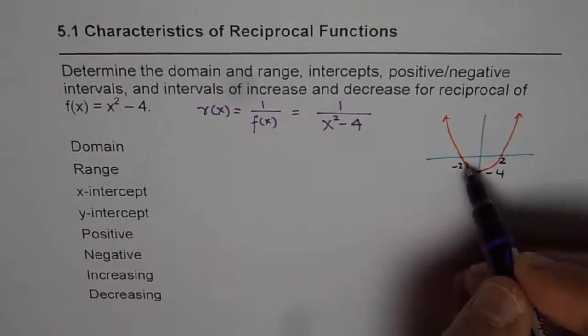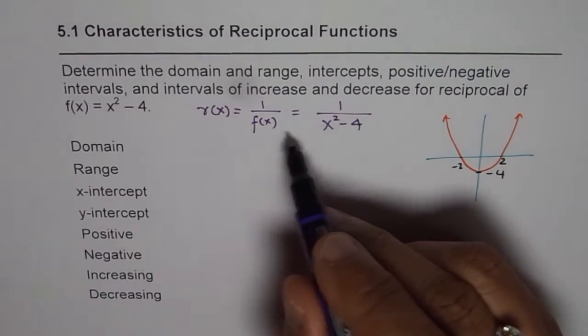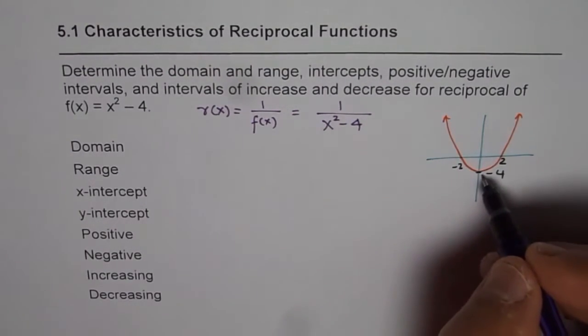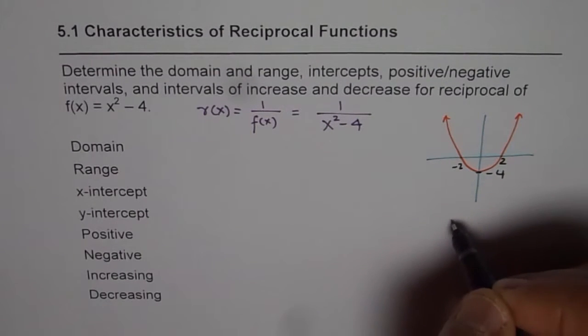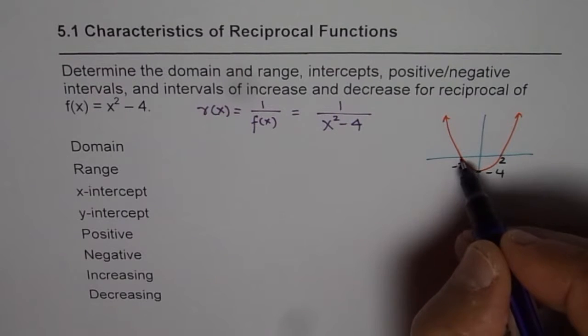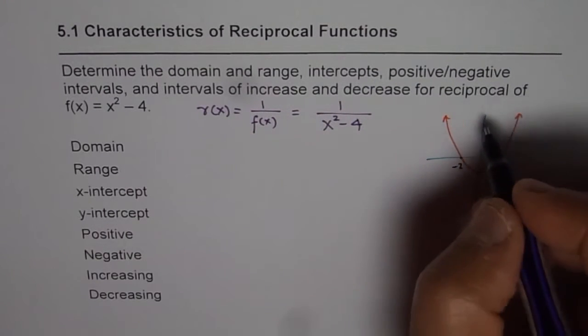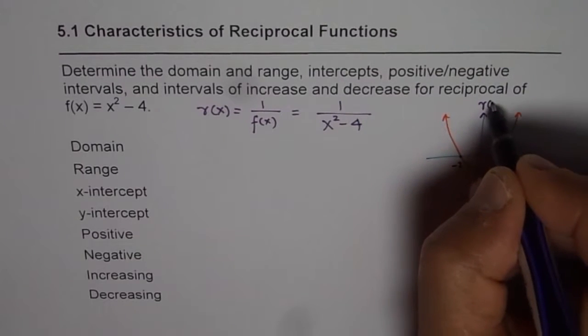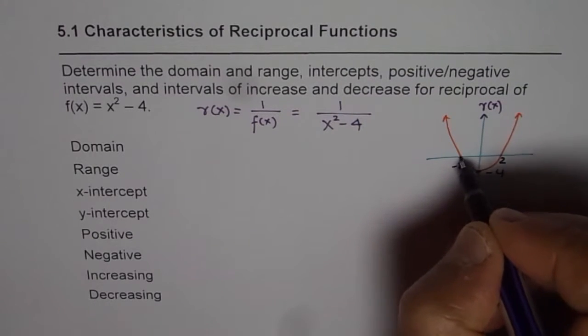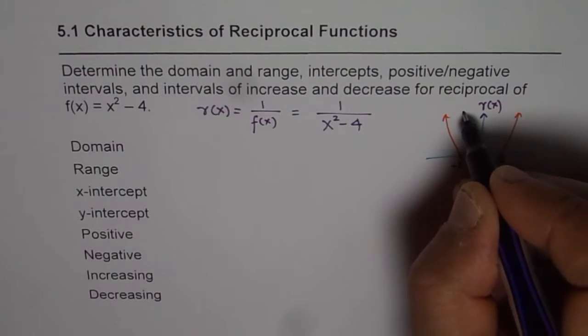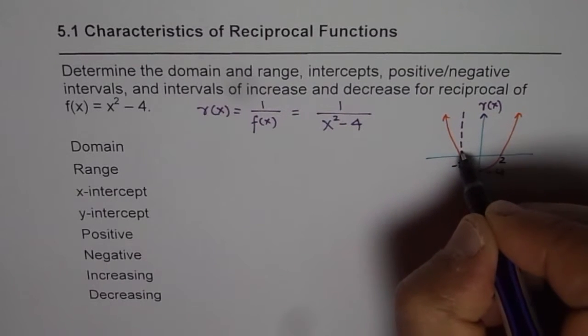Now this is the graph of the function f of x. For the reciprocal, we'll have to write the reciprocal of each and every value on this graph. Now what is the reciprocal of 0? Here at the x-intercept, the y value is 0, right? So for the reciprocal function r of x, we will get a vertical asymptote here. 1 over 0 is not defined, right?